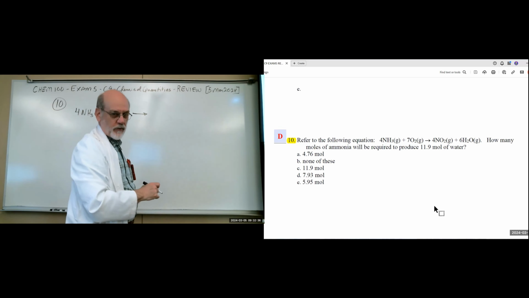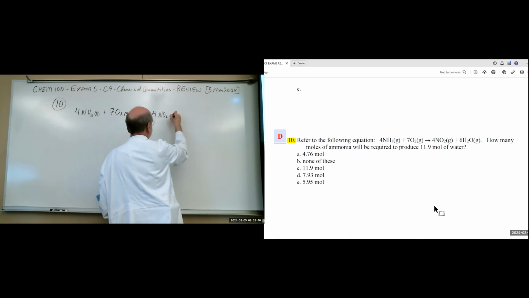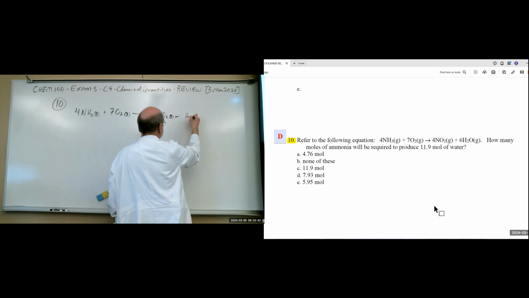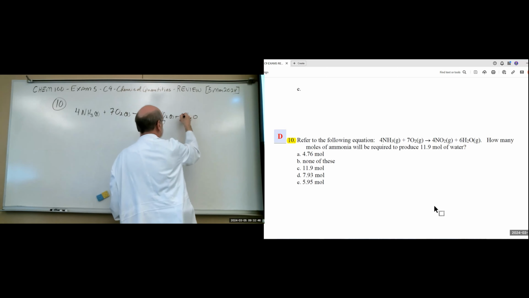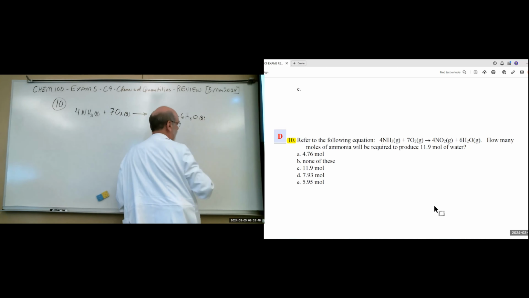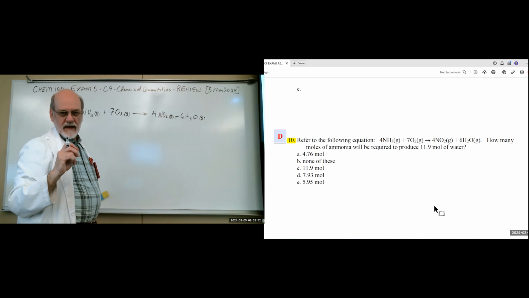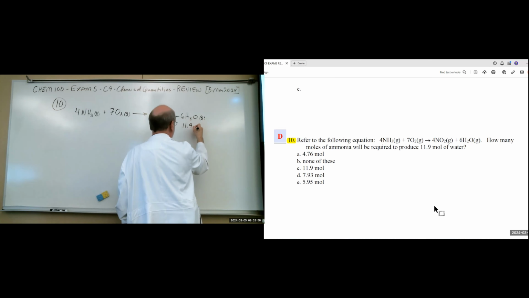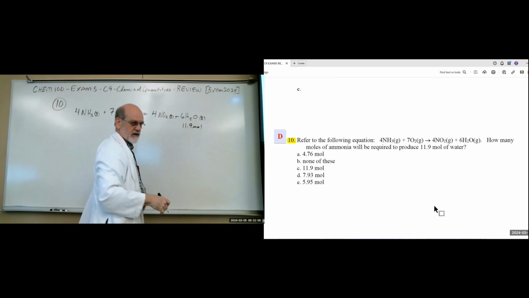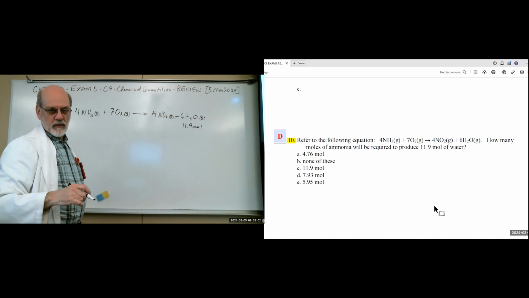This produces 4 NO2 plus water, 6 water. Okay. 11.9 moles of water. And the question is, how many moles of ammonia will be required?